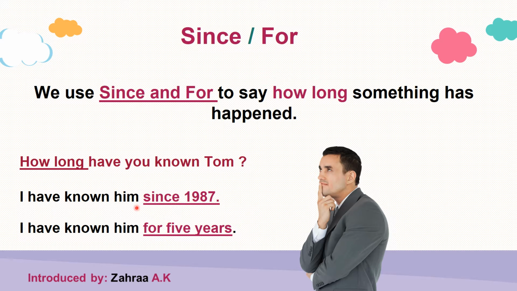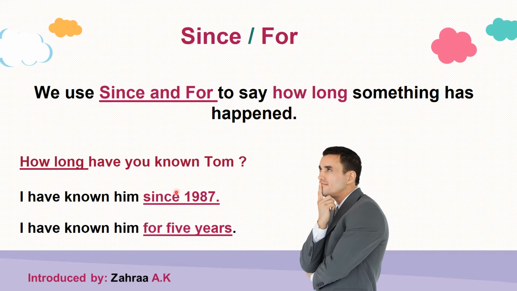But the opposite way is using for. I have known him for 5 years. أنا أعرفه لمدة 5 سنوات، لكن سنة غير محددة.